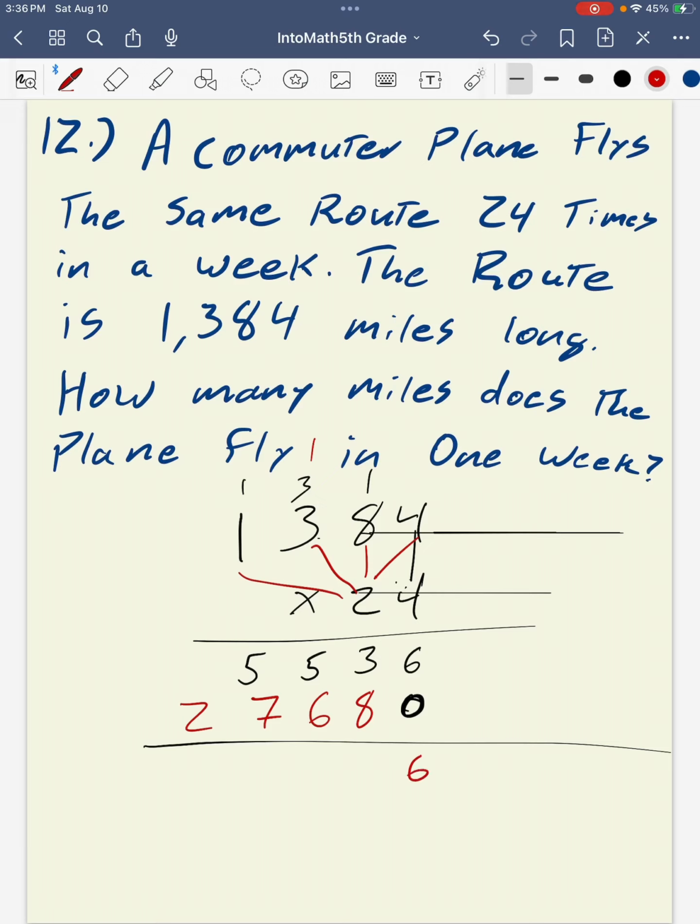I have my two partial products that I'm going to add together. 6 plus 0 is 6. 3 plus 8 is 11. 5 plus 6 is 11, plus an additional 1 for 12. Carry my 1. 1 plus 5 is 6. 6 plus 7 is 13. 1 plus 2 is 3. Place in my commas for a product of 33,216 miles.